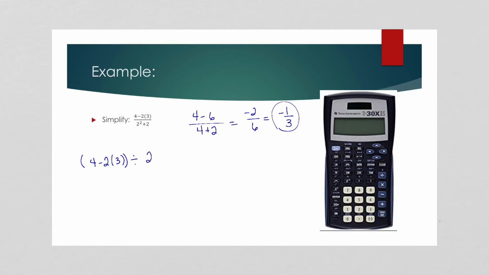Then you would hit 2 squared plus 2. But notice I don't have parentheses on the bottom. So all the numerator would get divided by is this right here. That's bad. So make sure you have those parentheses in the denominator too. So put parentheses around the entire numerator, put parentheses around the entire denominator.